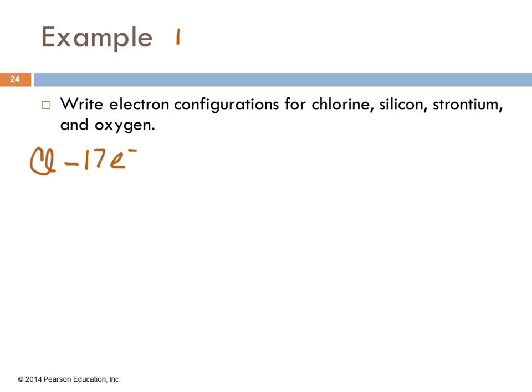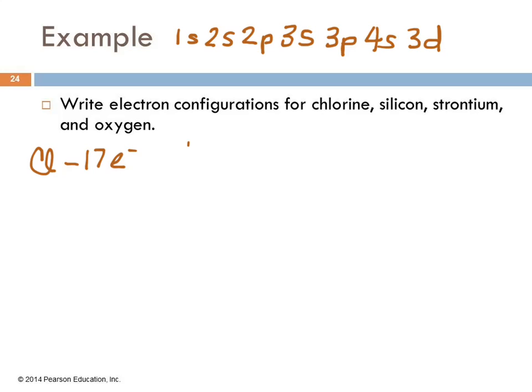So it's going to be 1s, 2s, 2p, 3s, 3p, 4s, 3d, and we'll see how far that gets us. So if we have a list of order of filling like that, that's not a 15. That's an S. Okay.